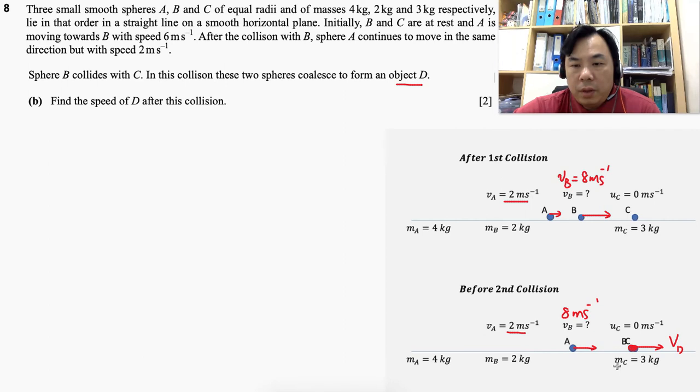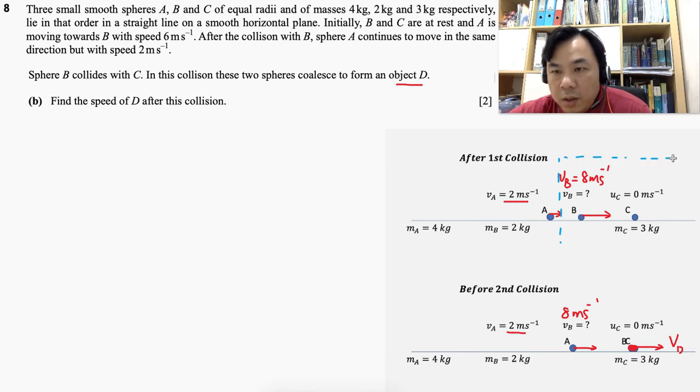All right, so if you are clear what we are looking at, now we're going to apply the conservation of momentum one more time. When you look at these conditions, it looks a bit stressful, and we have no idea what we are supposed to apply. One easy way to look at this is, since we are interested in the collision between B and C, why don't we just concentrate on the system that consists of B and C only.